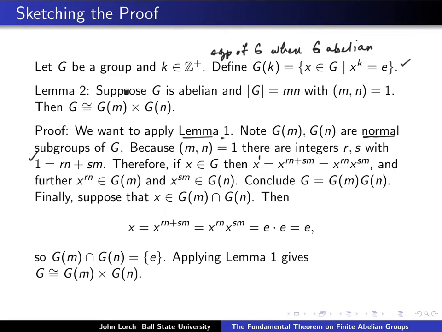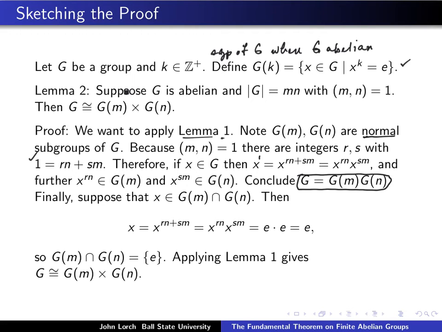And further, this x to the rn is in G of m, and x to the sm is in G of n. So that would mean that anything in G, this x, we wrote as something in G of m times something in G of n. And so we have that G is equal to G of m times G of n.